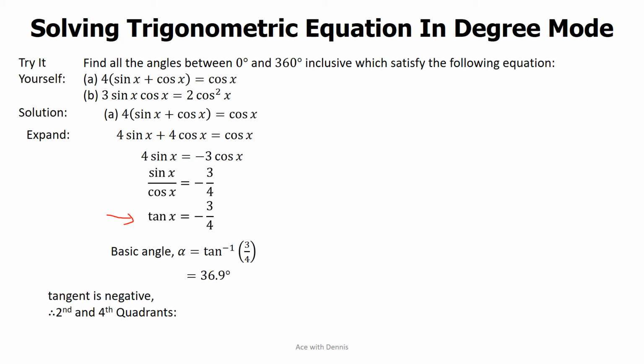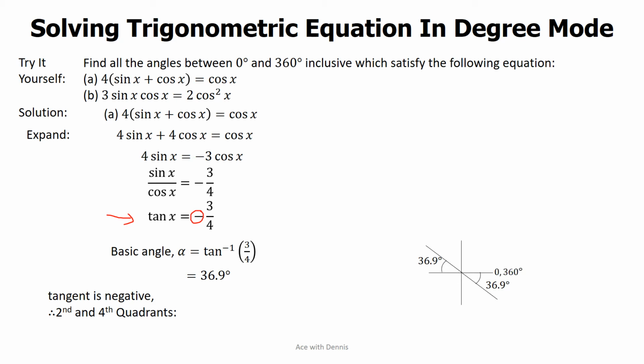Okay, and then tangent is negative. So where is it? So tangent is negative, right? So we know that it is in the second and the fourth quadrants. Okay, we can update it on the quadrant diagram. So the second and the fourth quadrants, which is here, and the best angle here is 36.9 degrees, 36.9 degrees.